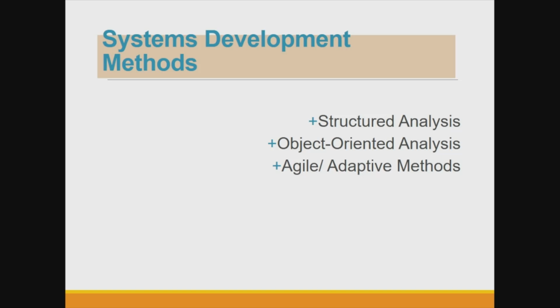So system development methods can be structured analysis, object-oriented analysis, and agile adaptive methods. Okay, so we will go through the system development methodology here: the structured analysis, the object-oriented analysis, as well as the agile and adaptive method.